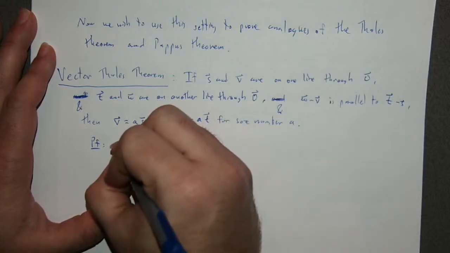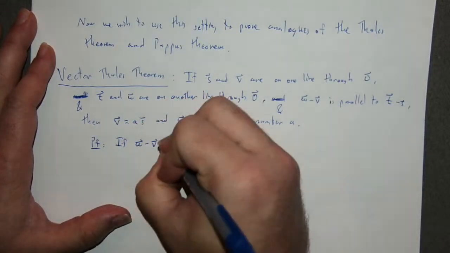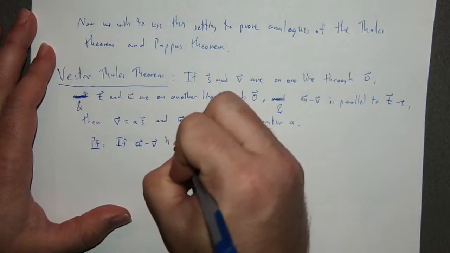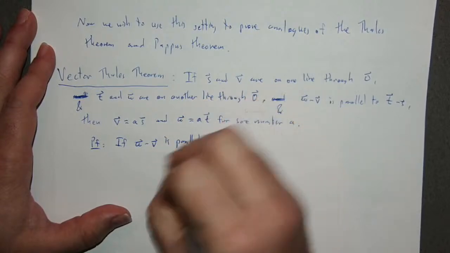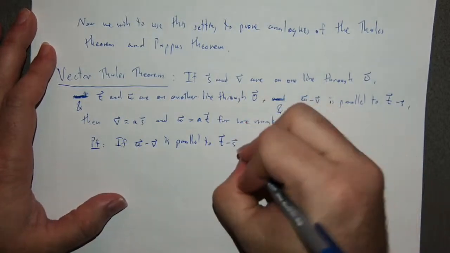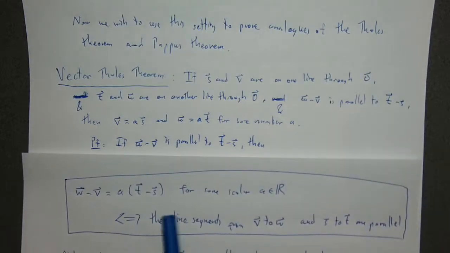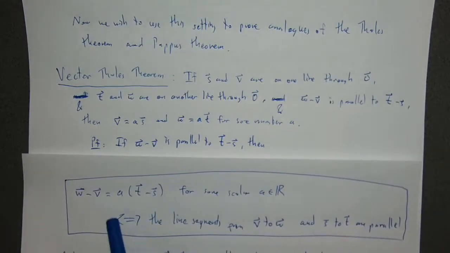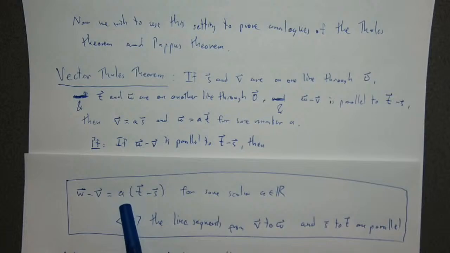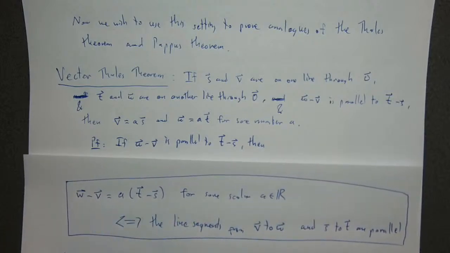If W minus V is parallel to T minus S, then by definition, what does that mean? Well, we just saw what that means on the previous page. It means that they're scalar multiples of each other. There's some A, a real number, such that these are scalar multiples.